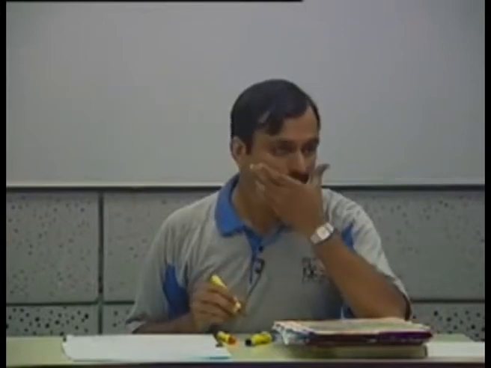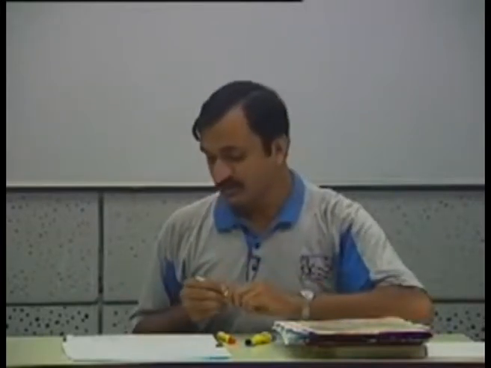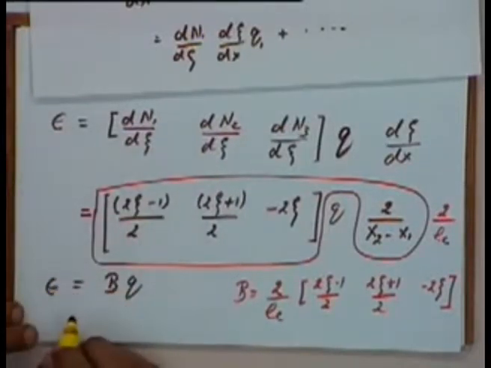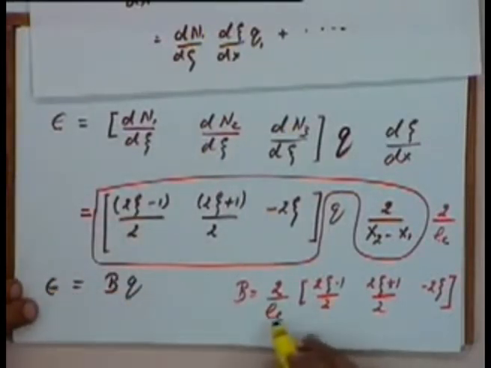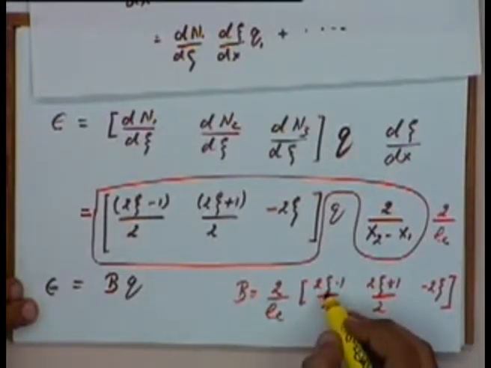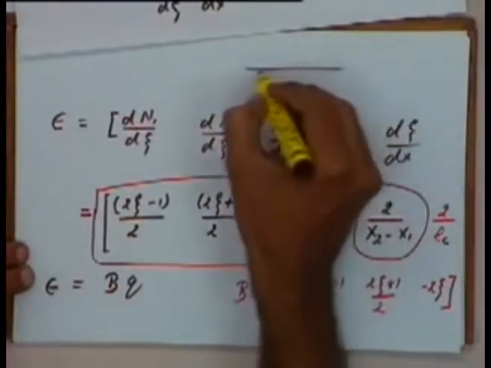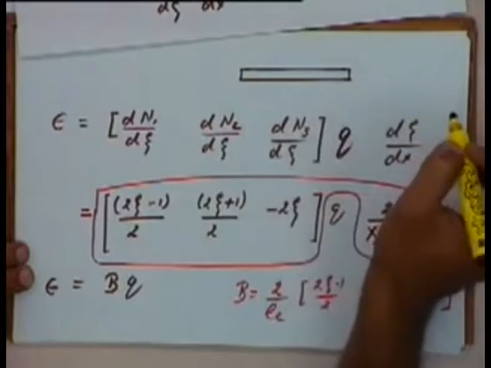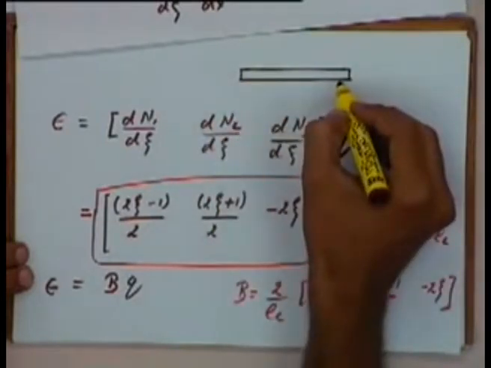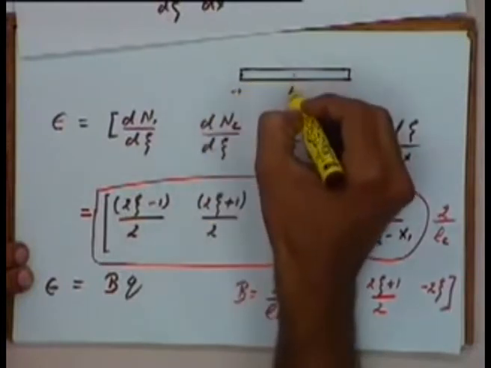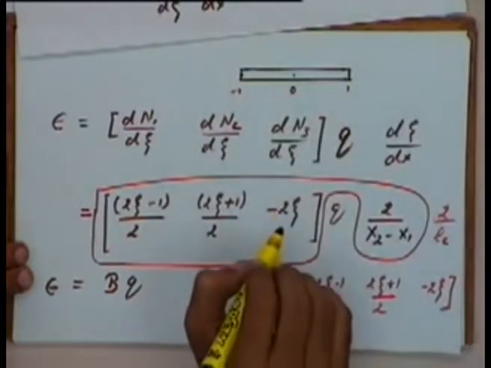Any questions up to this point? If you notice, in this case the strain epsilon will be varying within the element because it depends on zeta. If this is my element, zeta is changing along the length of the element. At this point zeta is minus 1, here it is 0 and here it is 1.